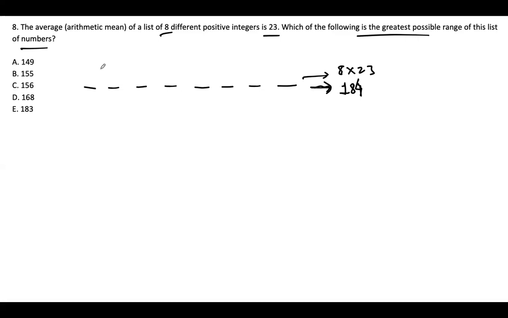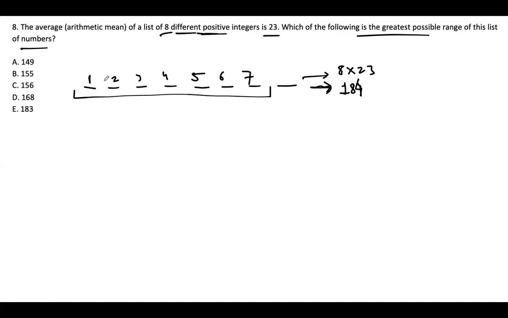If you want range to be maximum, you need this number to be minimum. 1. Yeah. So all the numbers will be 1, 2, 3, and we want positive, different. So 1, 2, 3, 4, 5, 6, 7. How will you find the sum quickly without calculating?